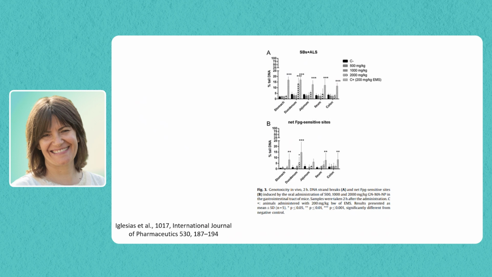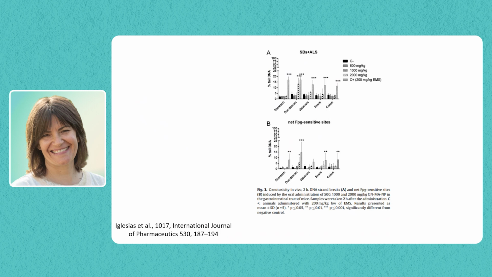So what can you see here? You see in the duodenum, the high concentrations are inducing a lot of breaks. Here is the same, but with the FPG assay, and you can see exactly the same. Stomach is okay.